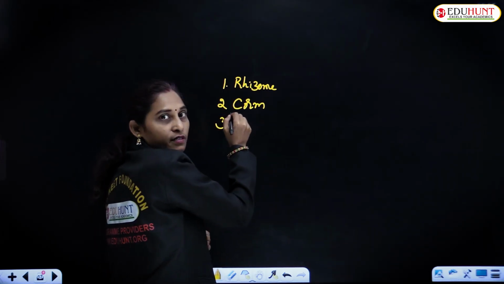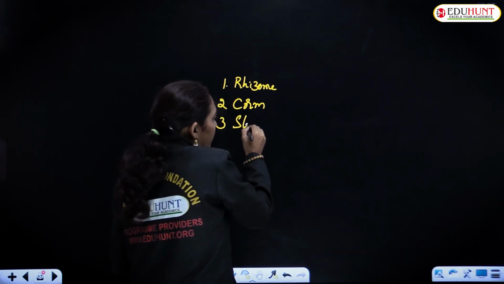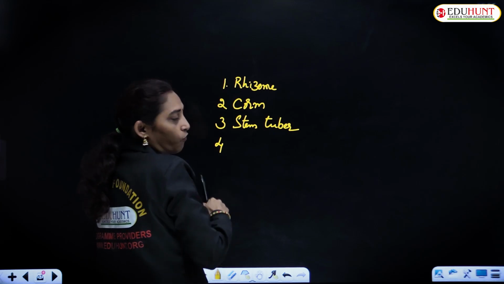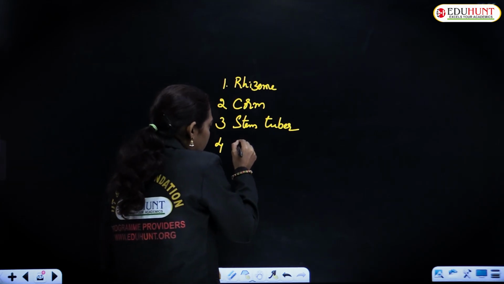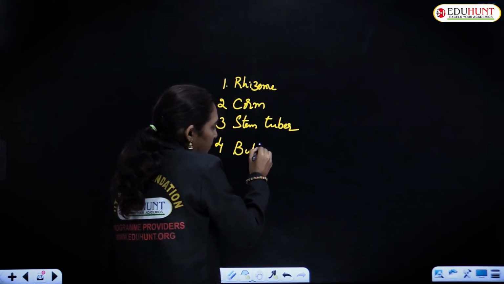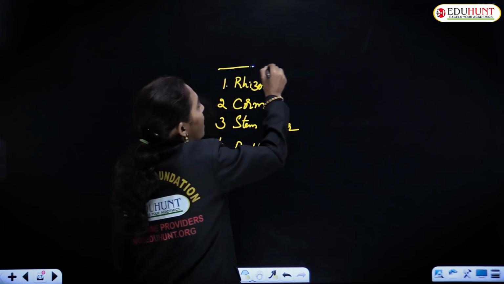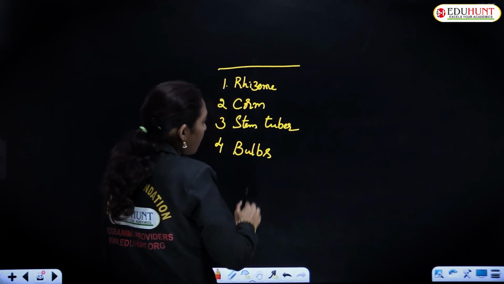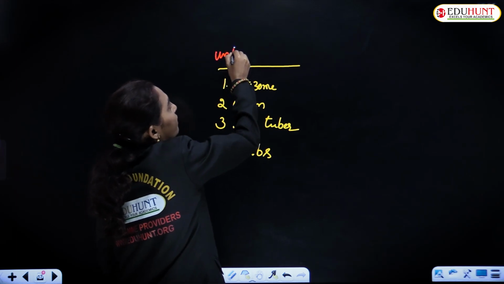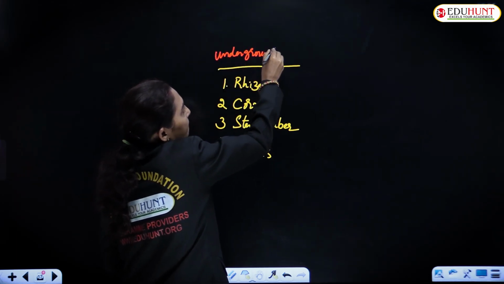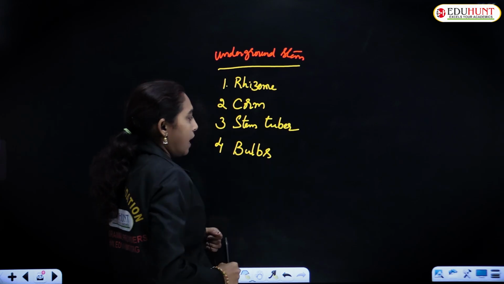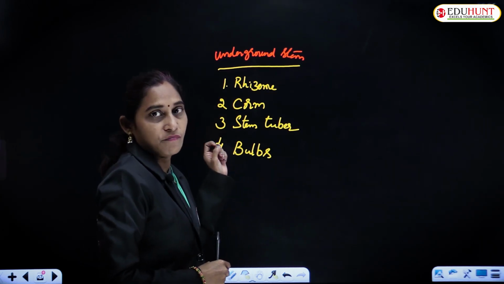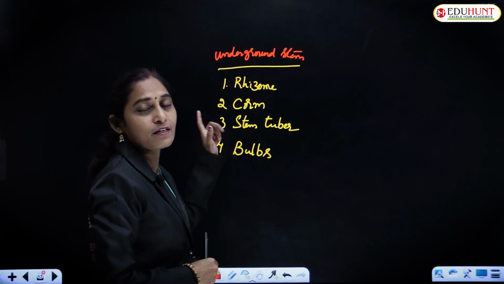Third is stem tuber. Fourth, bulbs. These are underground stem propagations, vegetative propagation through underground stem.